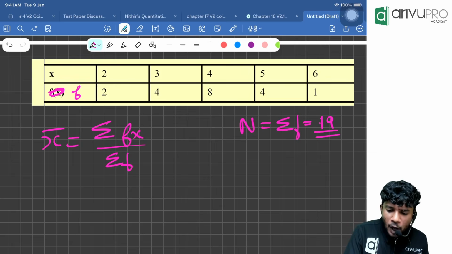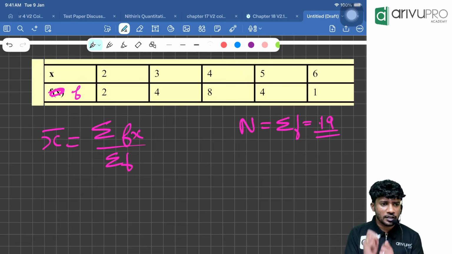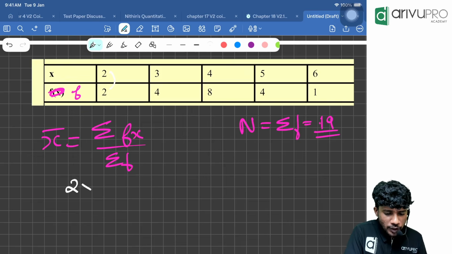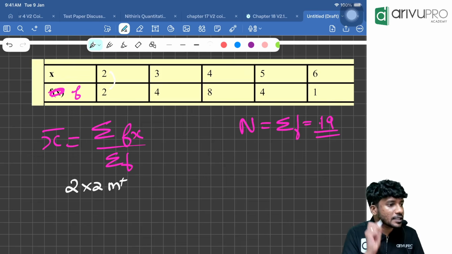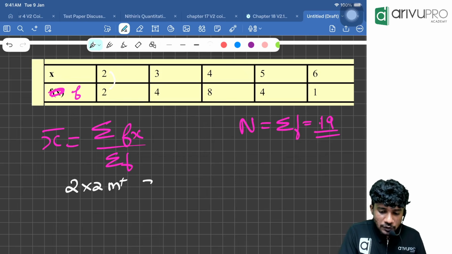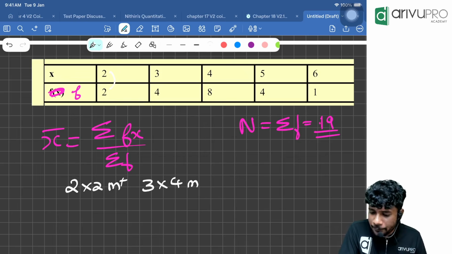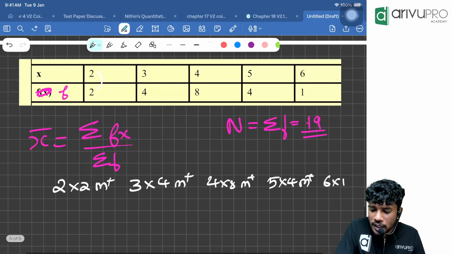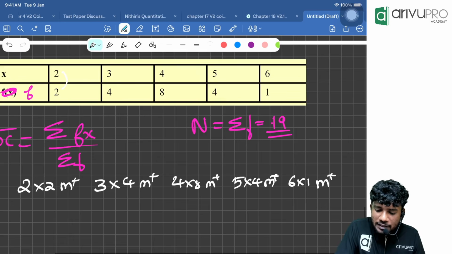Then how do we use memory calculation? 2 into 2, M plus. Clear the memory and do it. Then 3 into 4 M plus. Then 4 into 8 M plus. Then 5 into 4 M plus. Then 6 into 1 M plus. Then click which button?